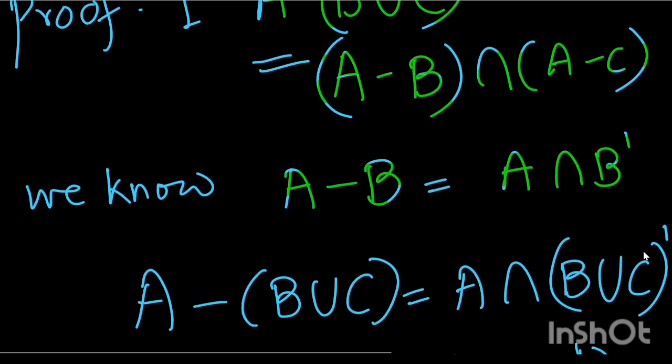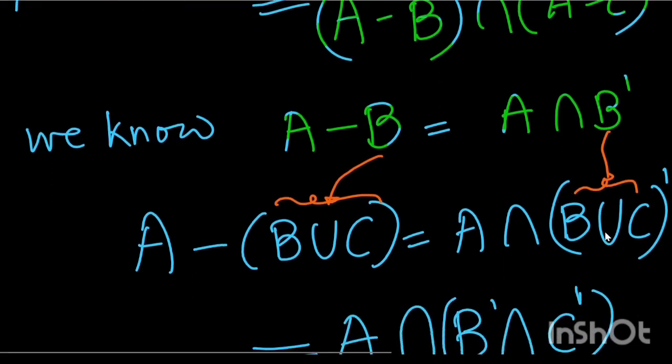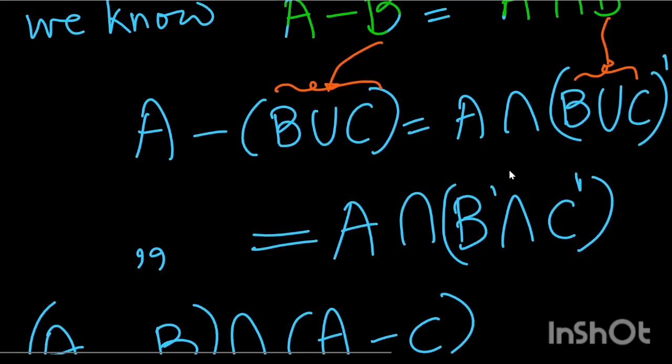So we can replace here B by B union C. If B is replaced by the set B union C, then (B union C) dash will become what? It becomes B dash intersection C dash, using what, guys? Yes, it is using De Morgan's law.